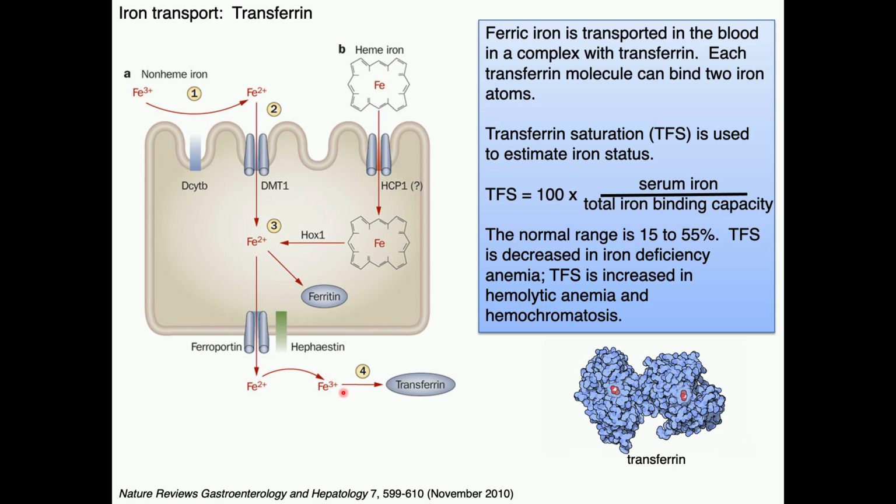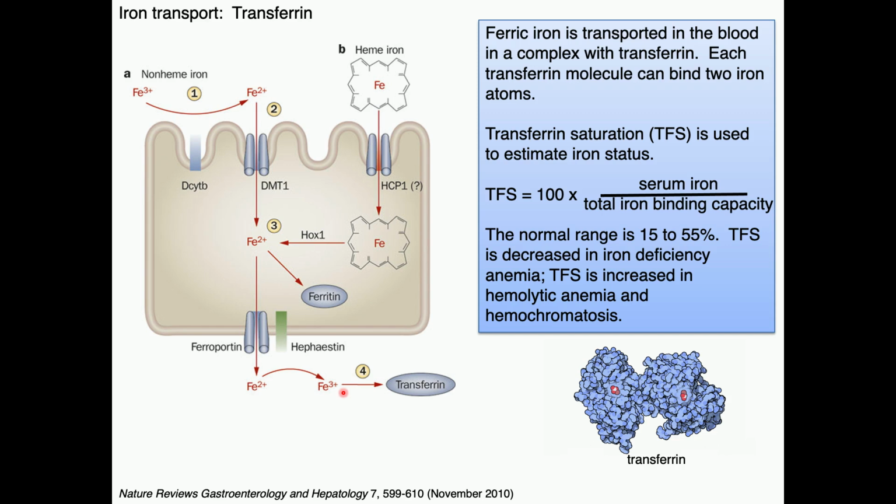We generally have a great excess of transferrin relative to the amount of iron, and there is a laboratory value that Dr. Saxena may have talked about yesterday called the transferrin saturation. Was that something she discussed? Okay, so that's basically the amount of iron-bound transferrin relative to iron-unbound transferrin.